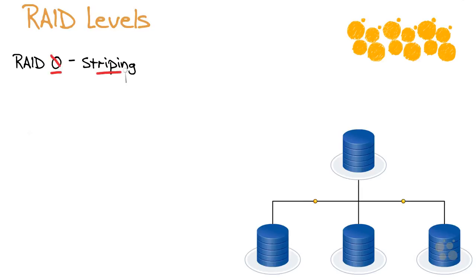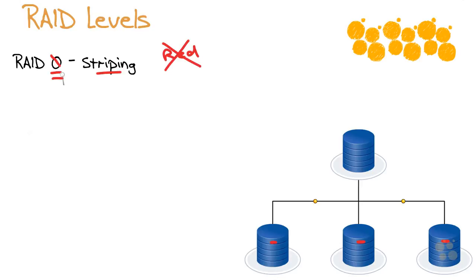It's striping. We described striping earlier, didn't we? We were going to write information here, write information here, write information here, but we're not using any parity information. So if we have a failure of a particular disk, we're in big trouble. Notice there is no redundancy, and therefore the designation of 0 is quite appropriate.